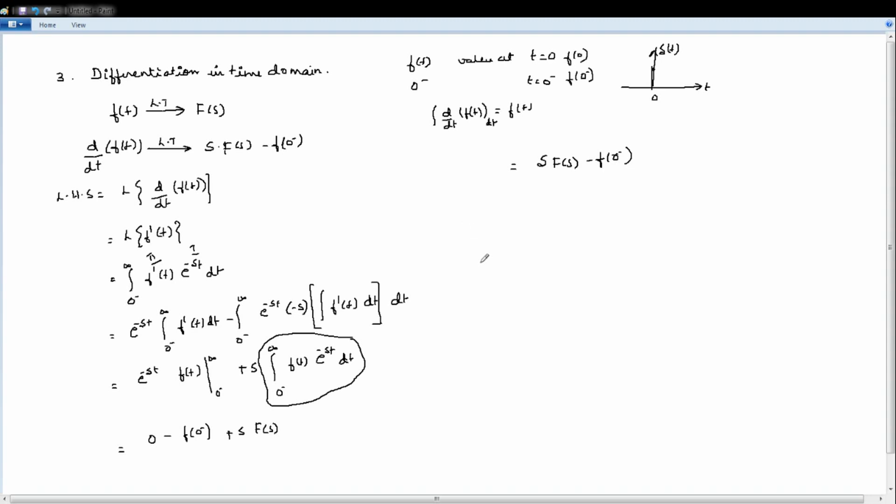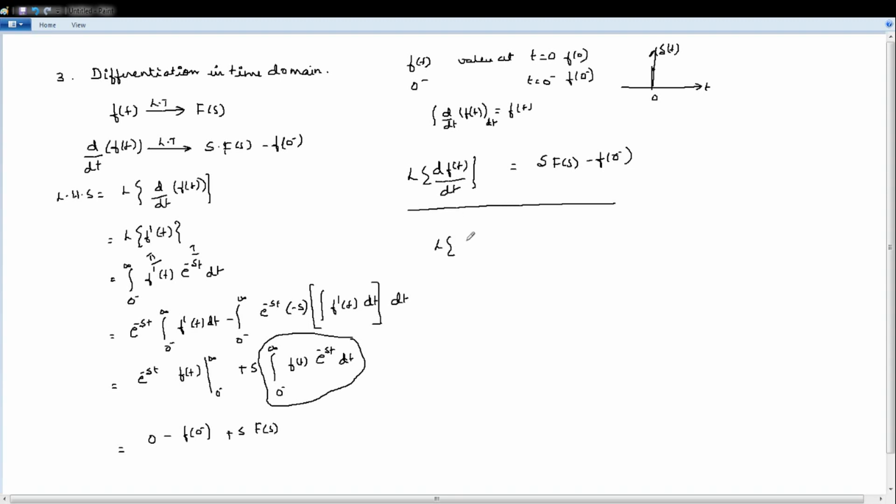Now this is the Laplace transform of df of t by dt. This is the first differential. Now this can be extended for second or third order differentials of f of t.